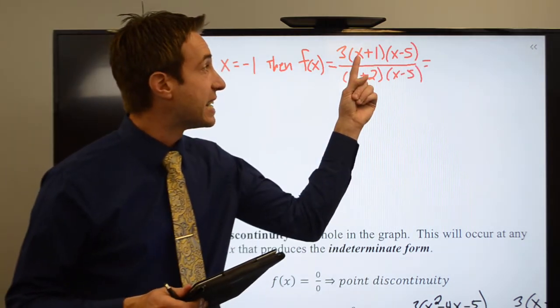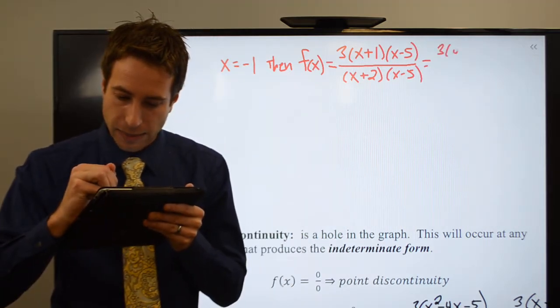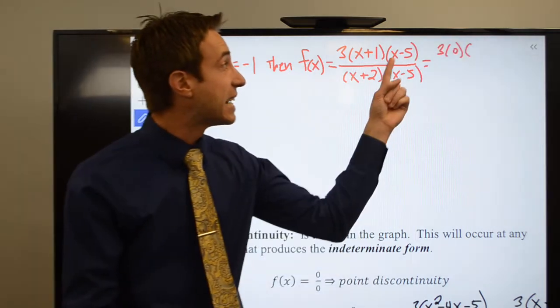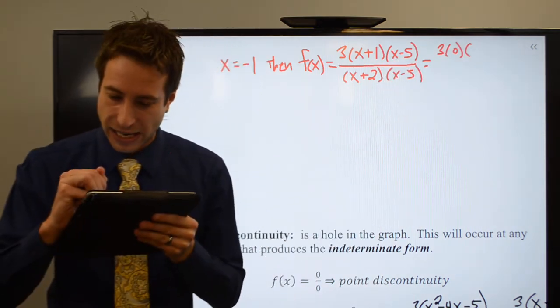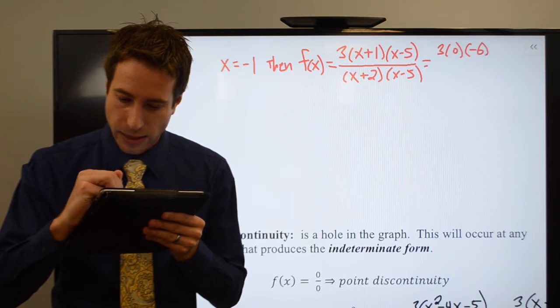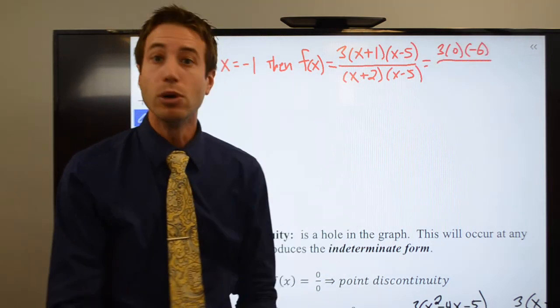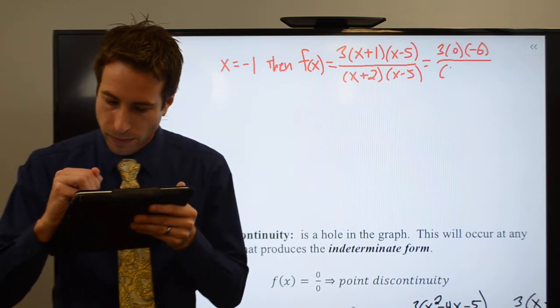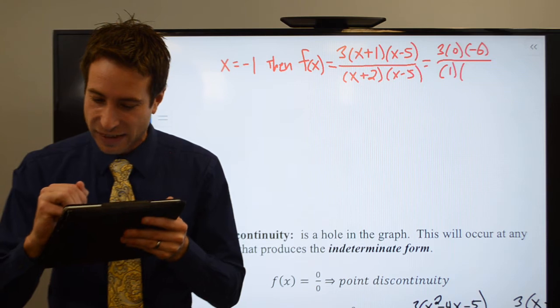If I plug in a -1 here, that's going to become a 0. So I would have 3 times 0. If I plug in a -1 minus 5 would be a -6. So that gets me -6. In the bottom, -1 plus 2 would be 1. And -1 minus 5, again, I get a -6.